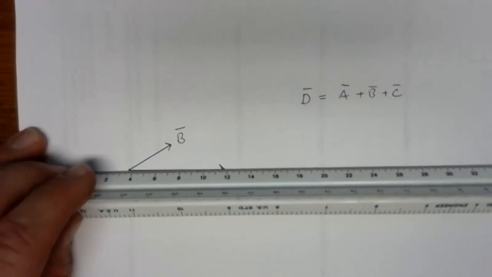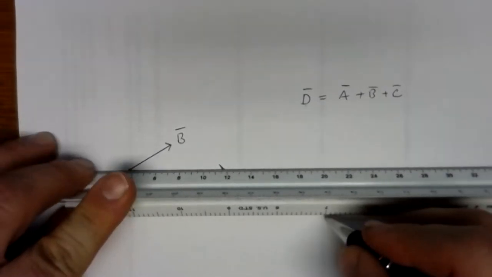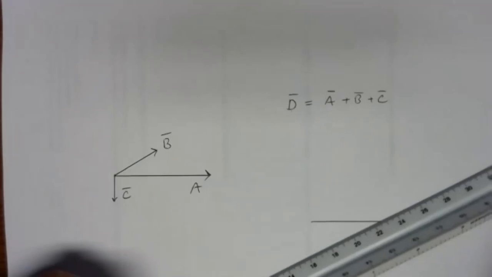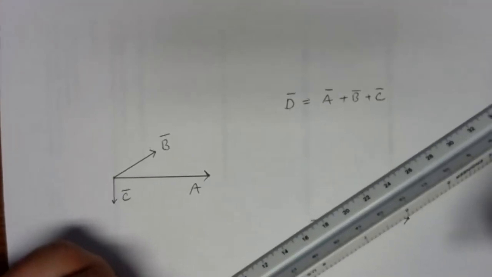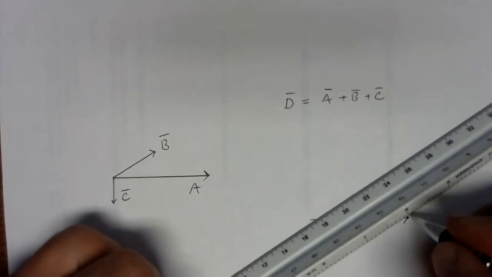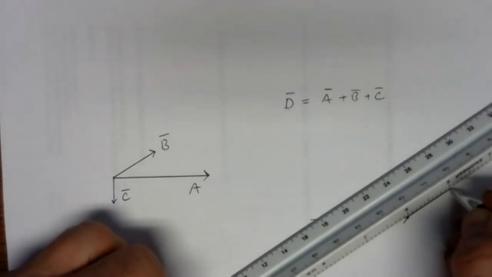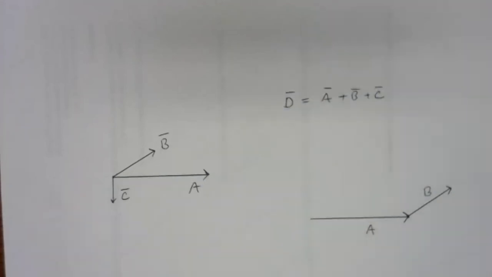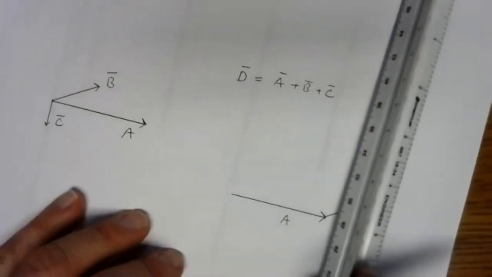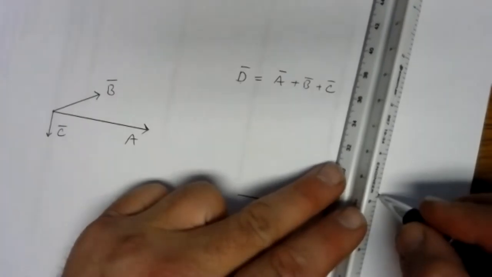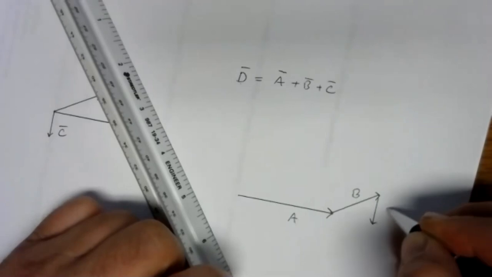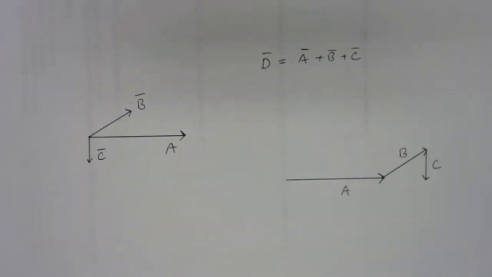We've got vector A. Then we've got vector B. And then we need vector C. Draw something like that.